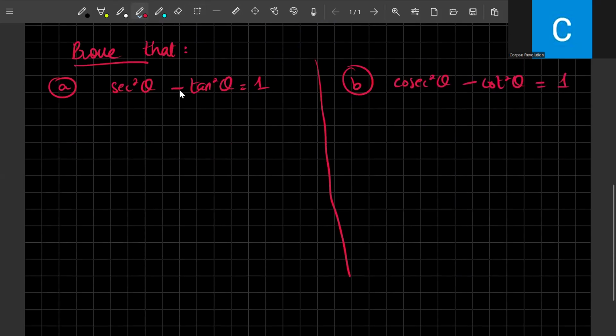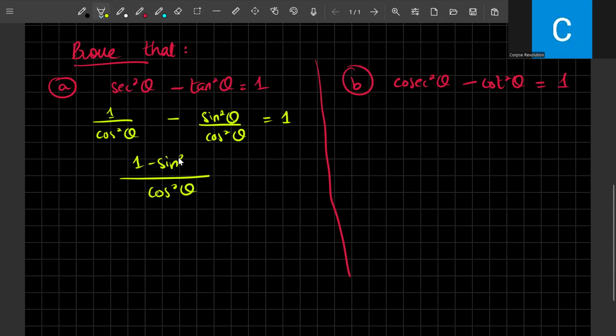Okay. So what we know is that 1 upon sec square theta is equal to 1 upon cos square theta, and tan square theta can be written as sine square theta upon cos square theta. So we get 1 minus sine square theta over cos square theta.